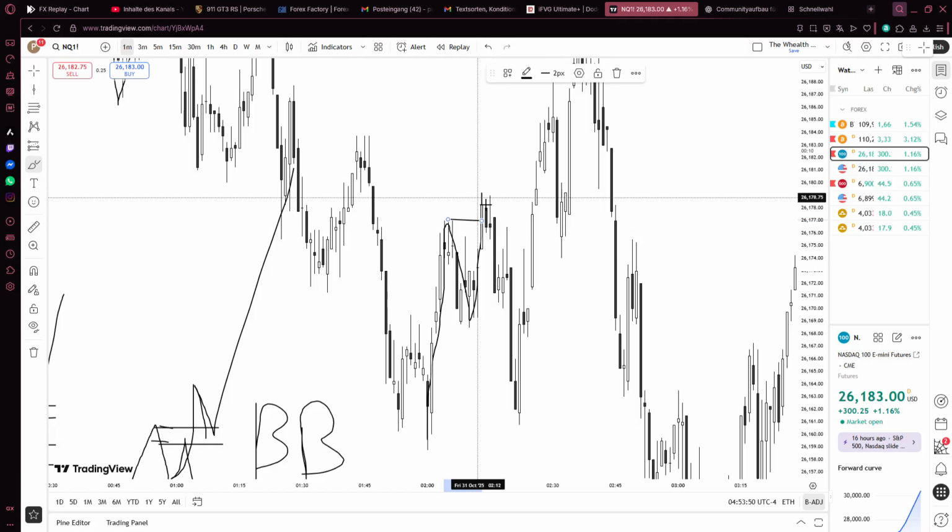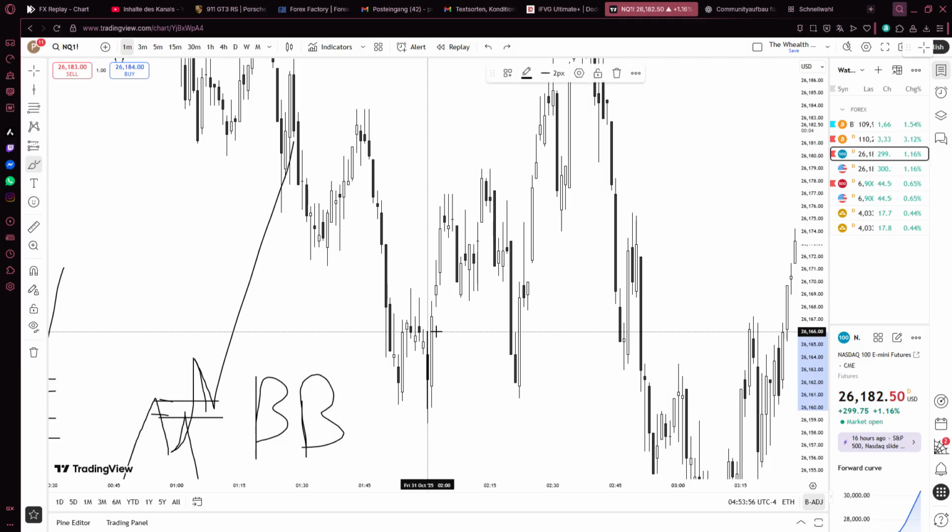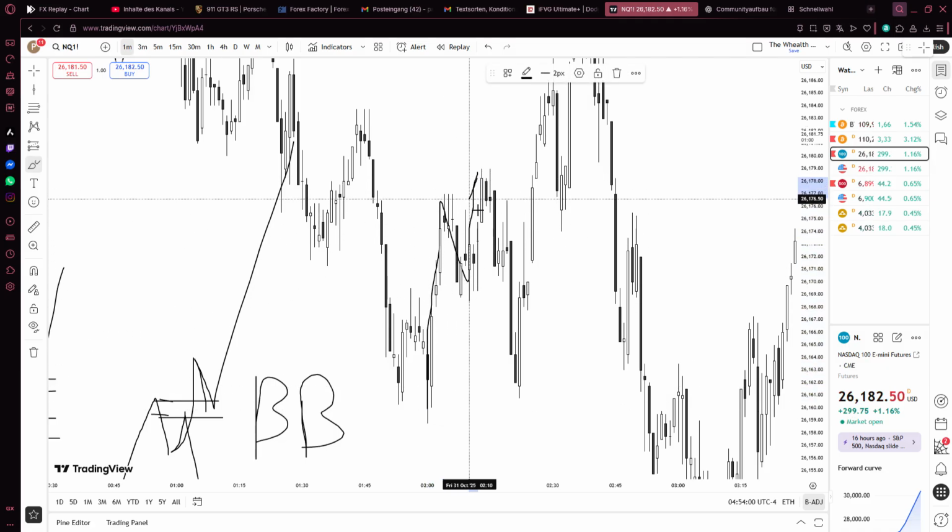So if we close back below, we come up, we come down, we come up, leaving these two upwards candles for our order block because we close back below. Now this is our order block.